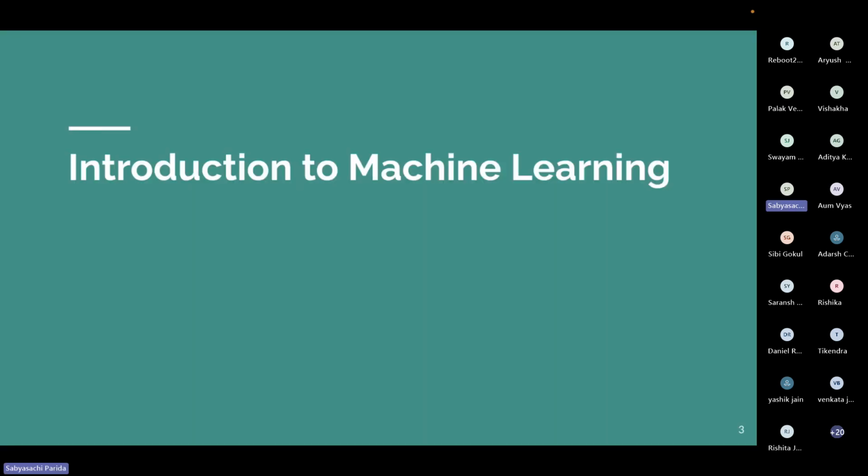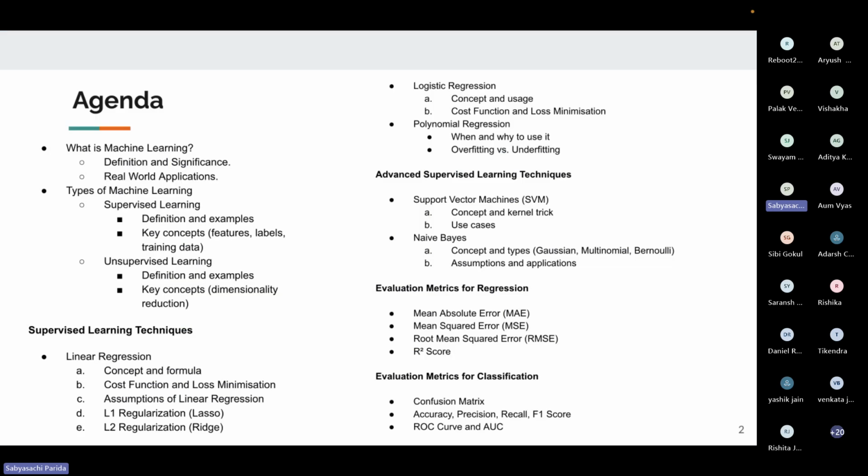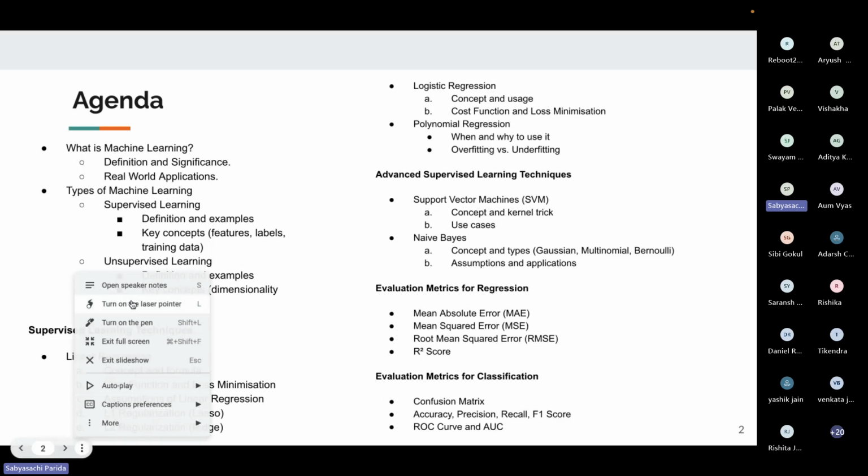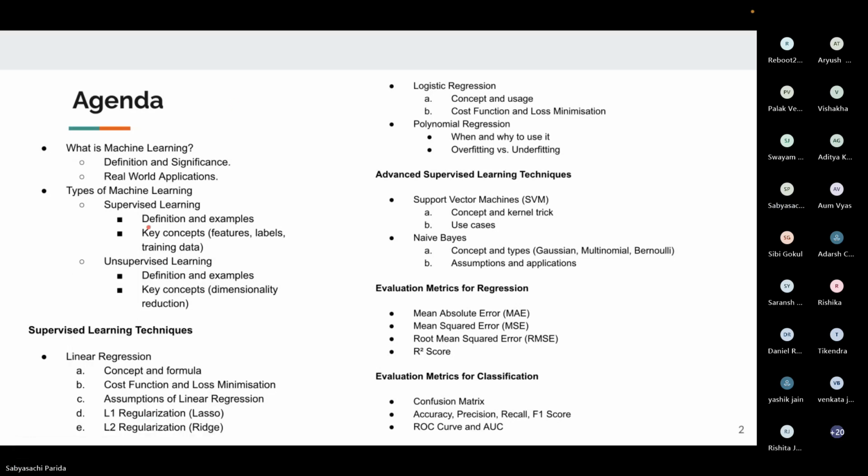So without wasting much time, let's look into the agenda. This is the agenda for today. We'll be looking into what is machine learning and the various types of machine learning available, supervised learning and unsupervised learning, and then the key concepts around supervised learning: what are the features, what are the labels, what is the training data, and unsupervised learning. Then we'll go into the supervised learning techniques which we'll be covering today.